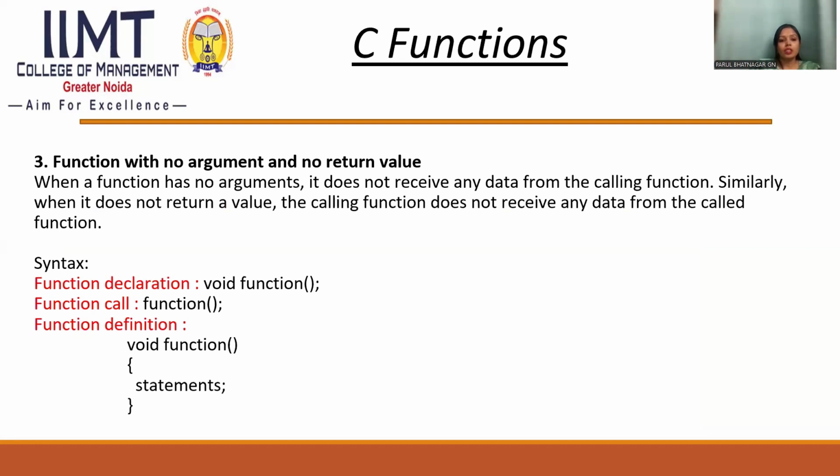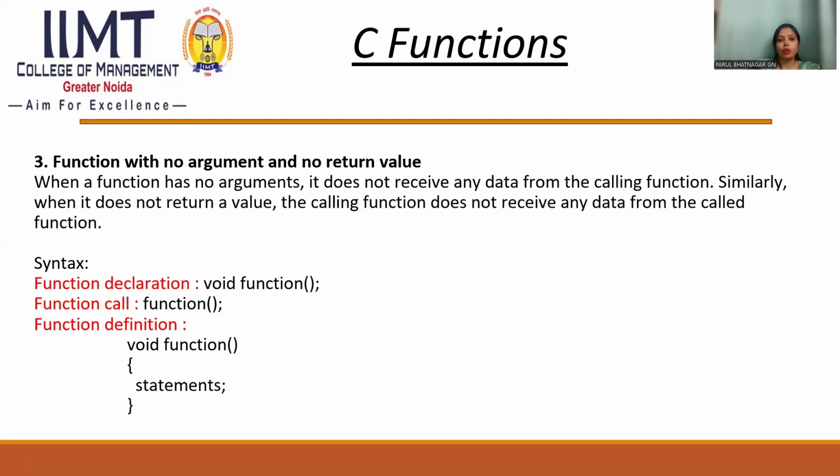Third one, function with no argument and no return value. When a function has no arguments, it doesn't receive any data from the calling function. Similarly, when it does not return a value, the calling function does not receive any data from the called function.